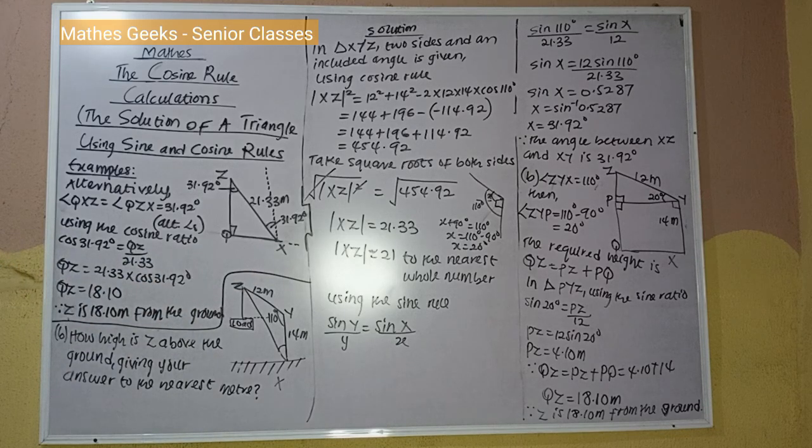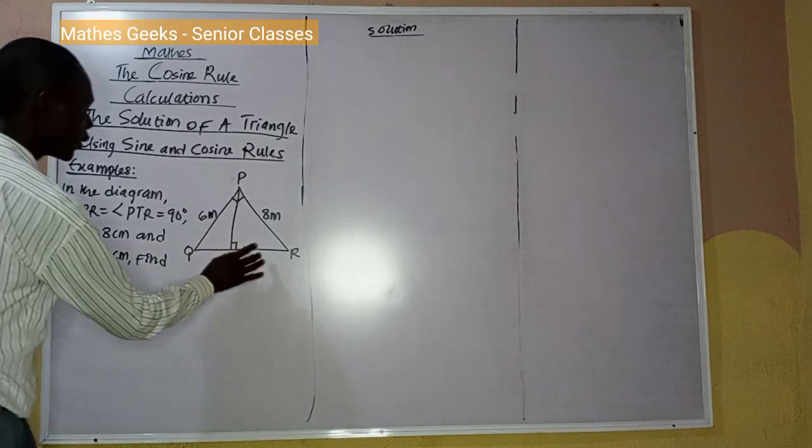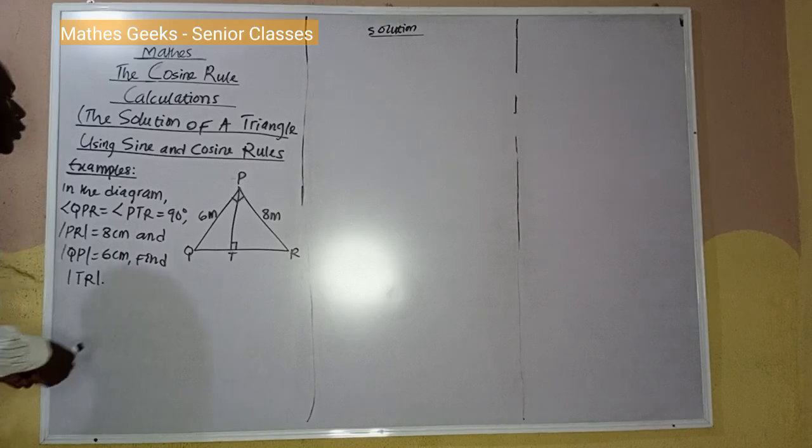In the diagram, angle QPR is equal to angle PTR, which is equal to 90 degrees. Line PR is equal to 8 cm and line QP is equal to 6 cm. Find line TR. So our interest is TR.